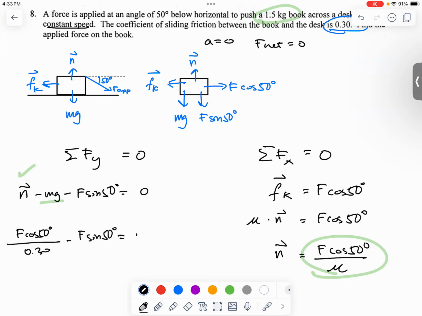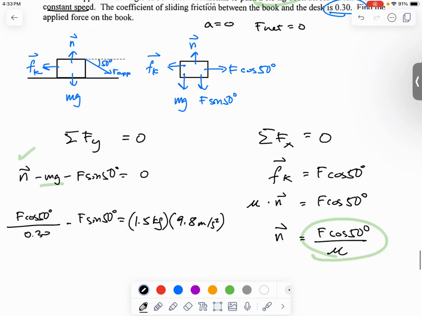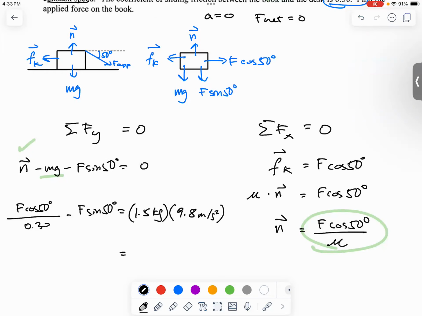And let me throw that mg to the other side because it doesn't have an F in it. So now we're just using numbers to communicate. Cosine 50 degrees divided by 0.3 is going to be 2.14 F.